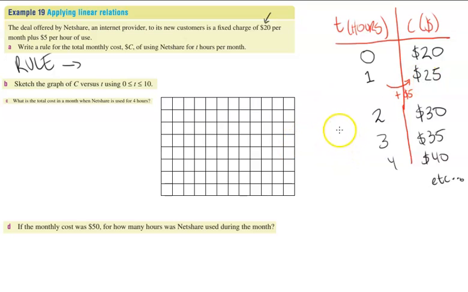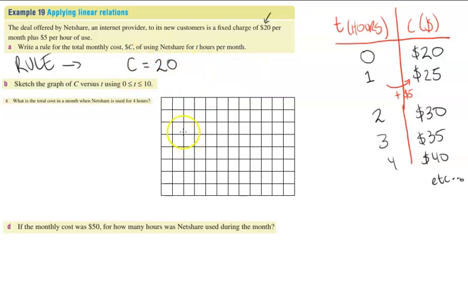So our rule, okay. What this says is that the thing that varies, obviously the time and the cost, we can't determine what the cost is unless we have been given how many hours has been used by the internet. So the cost C is going to be equal to a $20 flat rate fee or fixed charge. Okay, this has already been established.